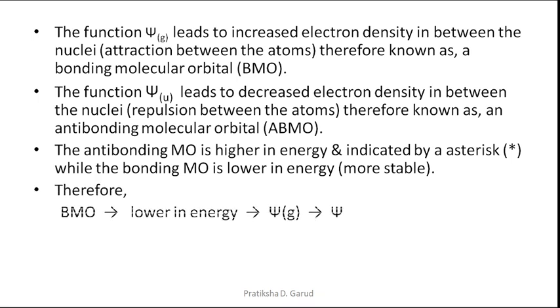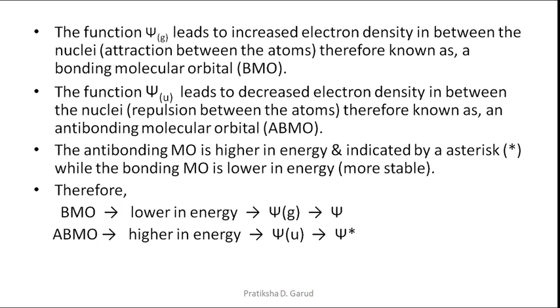Therefore, we can summarize: bonding molecular orbitals are lower in energy and have the symbol psi g, and hereafter it will be written only as psi instead of psi g. While ABMOs are always higher in energy and have the symbol psi u, and hereafter it will be written as psi asterisk. Psi for BMO, psi asterisk for ABMO.